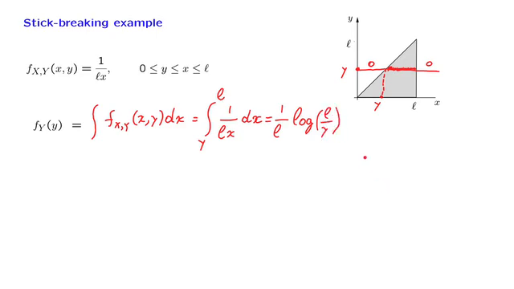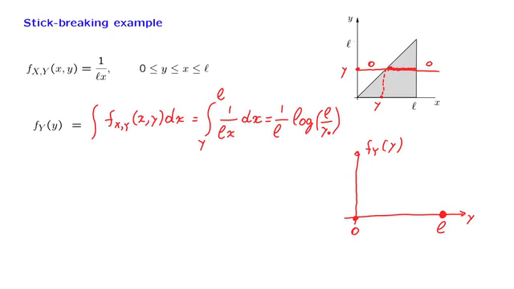For what y's is this a correct expression? Well, it makes sense only for those y's that are possible in this experiment, and that's the range from 0 to L. When y is equal to L, we have the logarithm of 1, which is equal to 0, so the value of the PDF is 0 here.